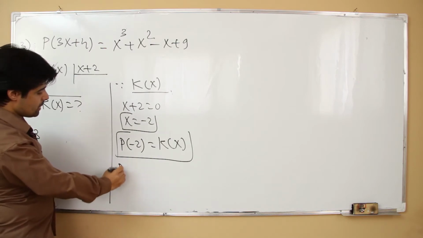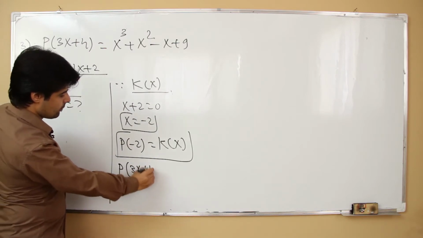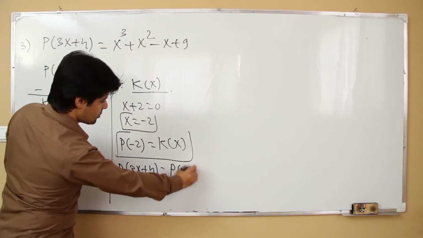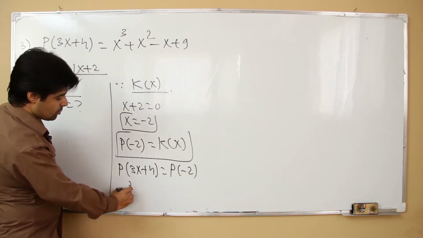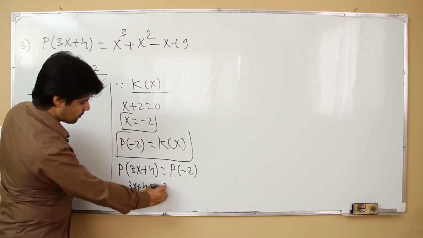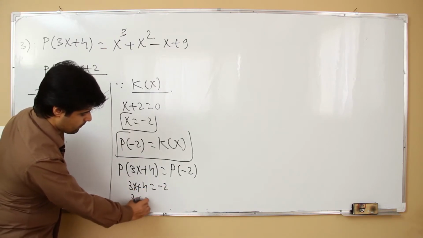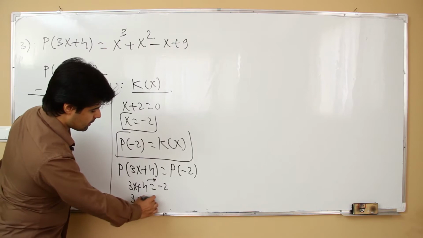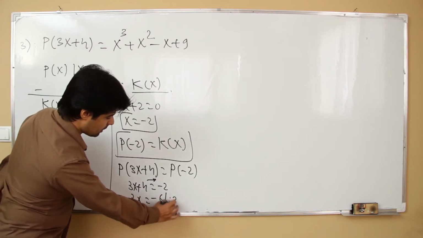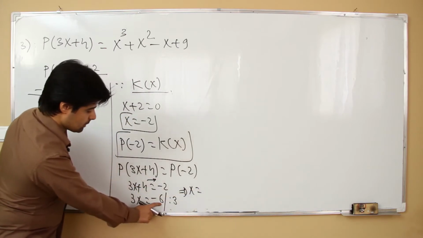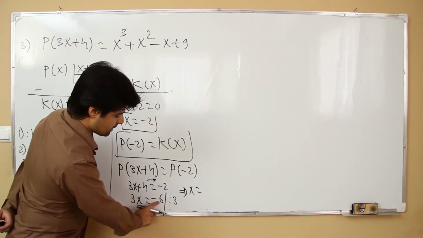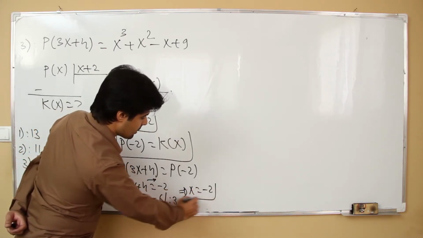I mean p 3x plus 4 equals p minus 2. So this bracket is equal to minus 2: 3x plus 4 is equal to minus 2. Moving 4 to the right side, it is minus 6. Divide both sides by 3, so you will find x equal to minus 6 divided by 3, which is minus 2.